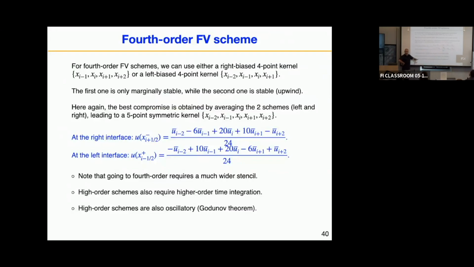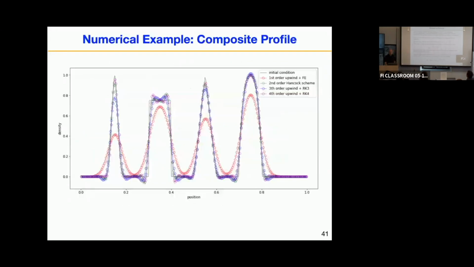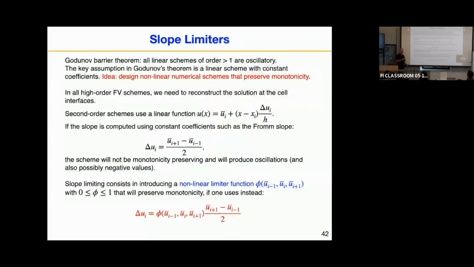So if you have a linear operator like that, the Godunov theorem tells you that if your order is larger than 1, which is basically everything, then you're going to be oscillatory and your density will become negative. So that's pretty bad. But the key assumption that you can try to circumvent is the linearity. If you can design a numerical scheme which is non-linear as a function of u left, u right, then maybe you can go around the Godunov theorem and still find something which is non-oscillatory and positivity preserving for the density.